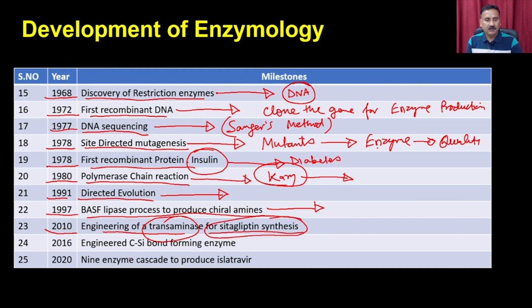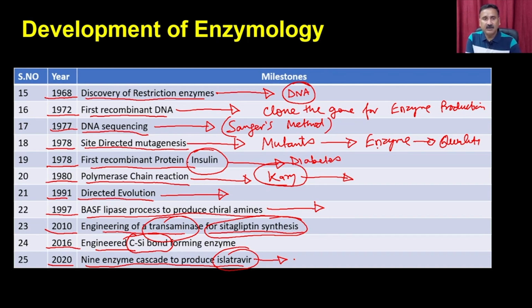Then in 2016, there were engineered enzymes that help to form the carbon-silicon bond. And in the year 2020, there was a 9-enzyme cascade to produce the chemical molecule islatravir. This is the first time that people were utilizing not only one enzyme but a series of enzymes to produce the chemical molecules.